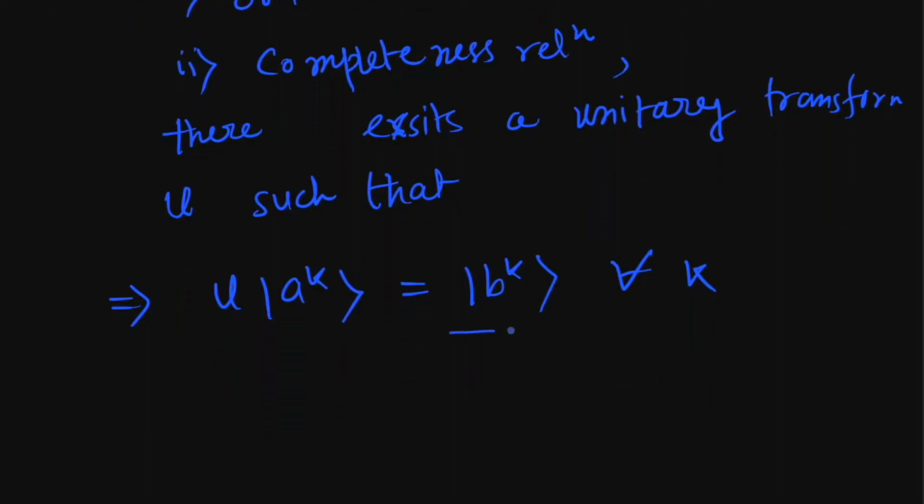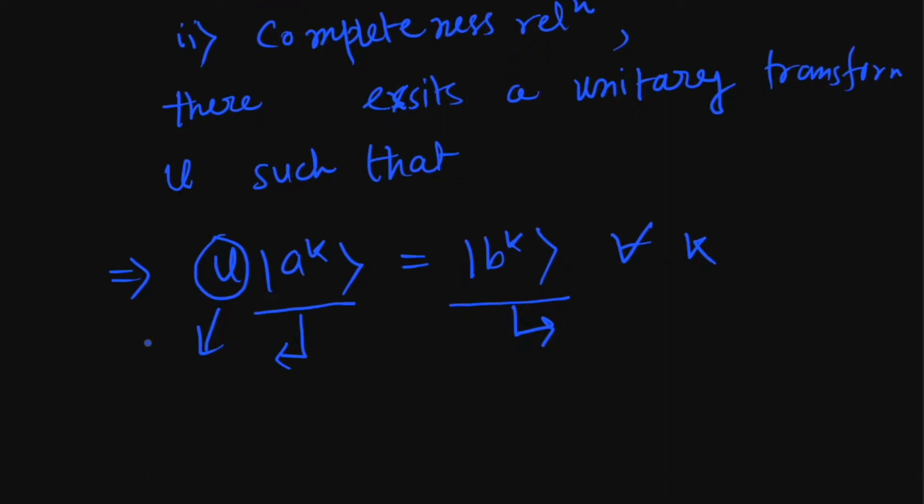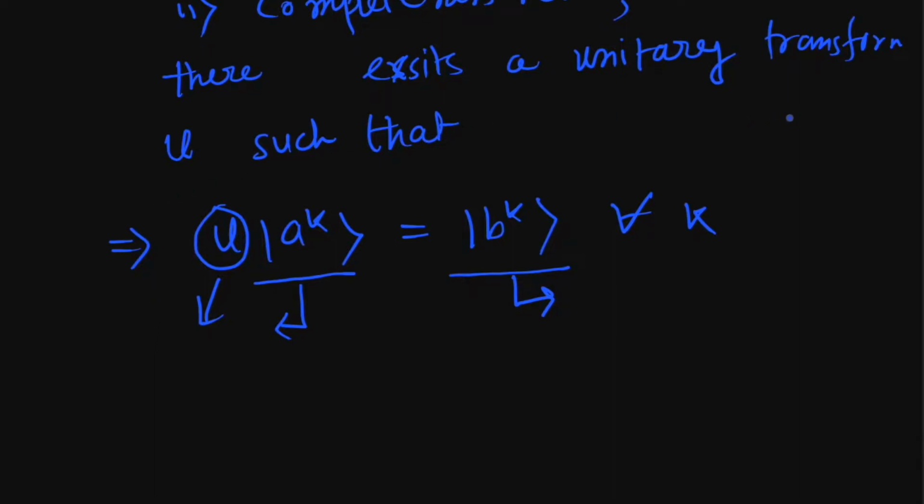Now here B is the new orthonormal ket set and A is the old orthonormal ket set, and U is the transformation operator that transforms these bases to a new basis. By unitary transformation operator we mean U dagger U equals U U dagger equals identity.